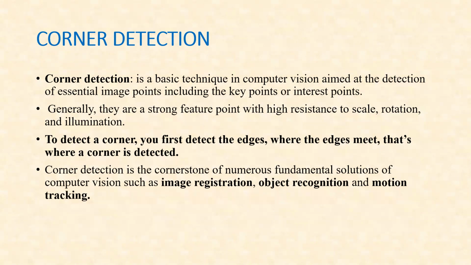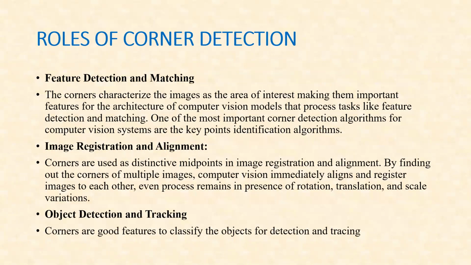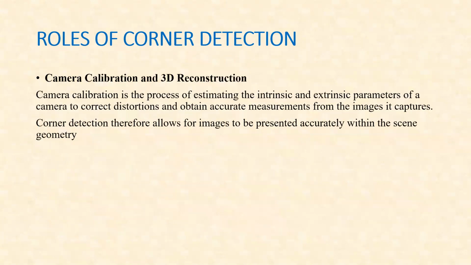It helps us to identify essential image points, or points of interest within an image, so that you can use them for a number of tasks like image recognition, motion tracking, and so on. Corner detection helps in feature detection and matching, image registration, object detection and tracking, calibration and 3D reconstruction.